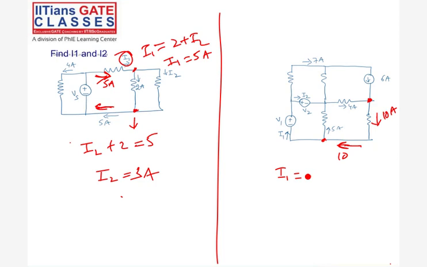Now I2 here, node equation. Incoming current 5 amperes is equal to I2 plus 7, so I2 is equal to minus 2 amperes. So I2 is minus 2 amperes, I1 is 5 amperes. Everyone clear?